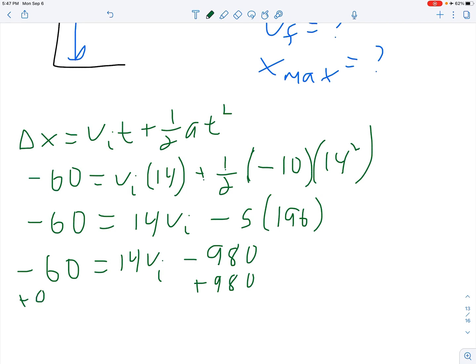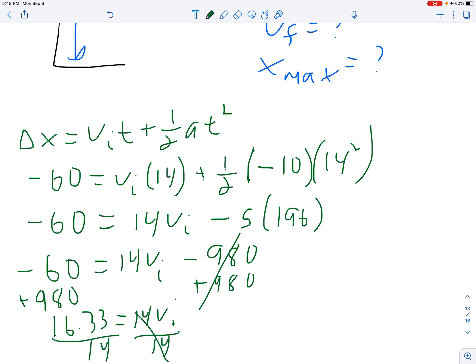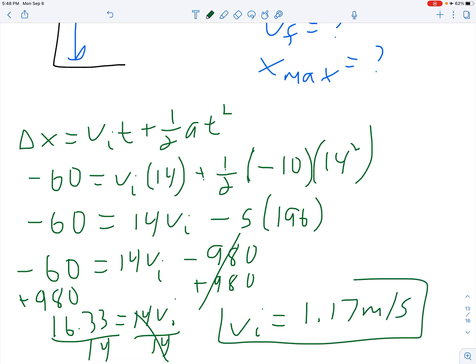Add 980 to both sides. So I get 16.33 equals 14 VI, and I can divide both sides by 14, and I get VI equals 1.17 meters per second.